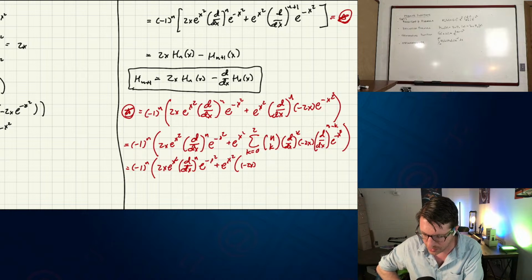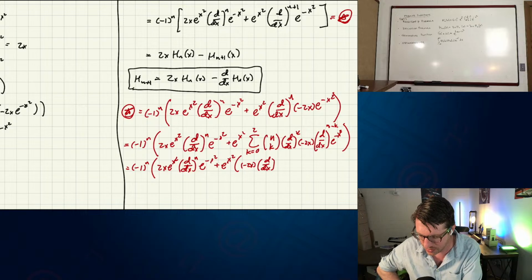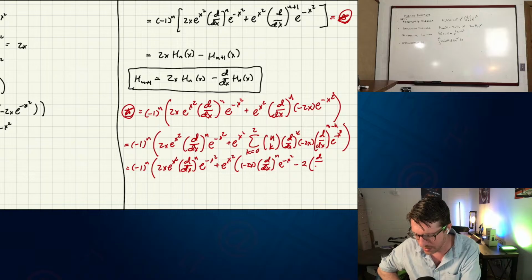So then you start having zero derivatives here, and then you have d by dx to the n of e to the minus x squared. And then you have one derivative on the 2x, and so that's going to be minus 2, and it's going to be d by dx to the n minus 1 e to the minus x squared.